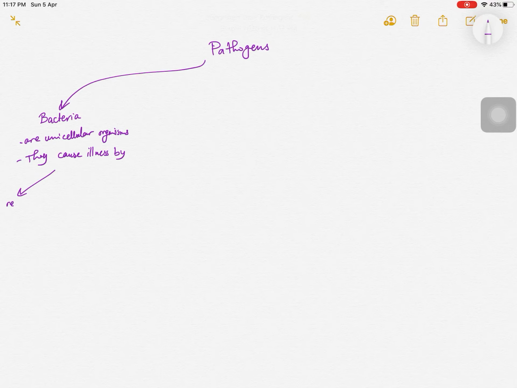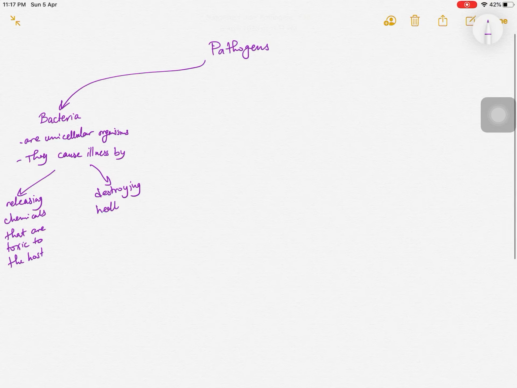It's either by releasing chemicals that are toxic to the host, or by destroying healthy body cells.